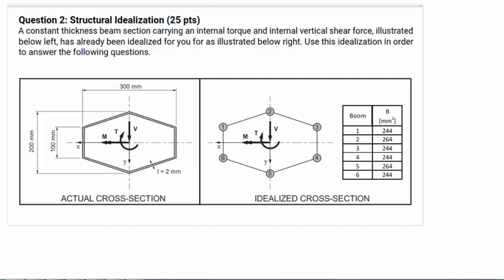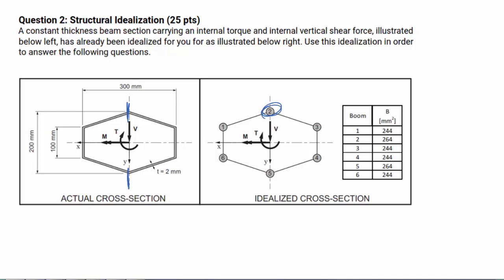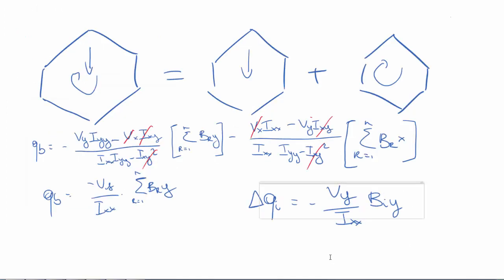In this figure, it's quite apparent that in a non-idealized structure, the shear flow due to the shear force obviously will be 0 in the locations where the shear force is crossing the y-axis. However, in the idealized structure, there is a boom here, and the shear flow in that boom cannot be considered 0. Therefore, we will need to calculate the delta Qi's over all the booms.